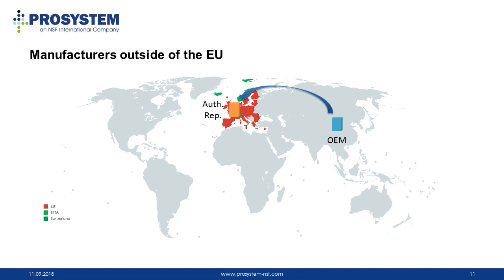If you are, for example, an OEM manufacturer outside of the EU, and you currently have PLM customers within the EU who sell your products in the EU under the circumstances I described, so you have the technical documentation available right now, and the PLM only has a small part of the documentation or none at all, then you are affected even if you are outside of the EU, because at the point when the MDR has to be fulfilled, it is of course no longer possible for this OEM to just keep the technical documentation outside of the EU.